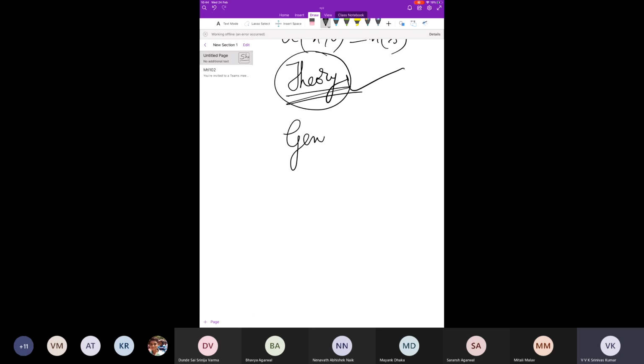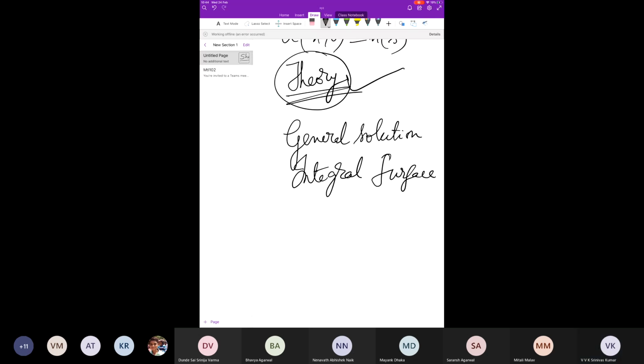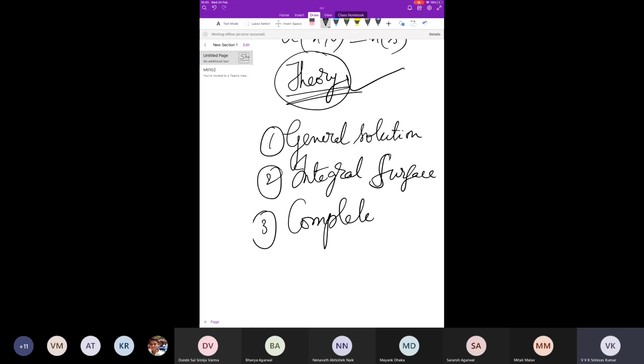We not only have the general solution, the integral surface, but we also have something called the complete integral, in the general nonlinear case. Okay, completed.